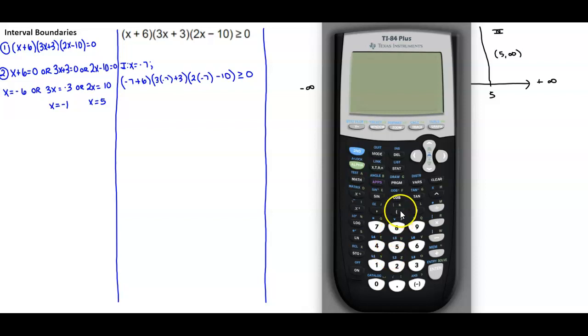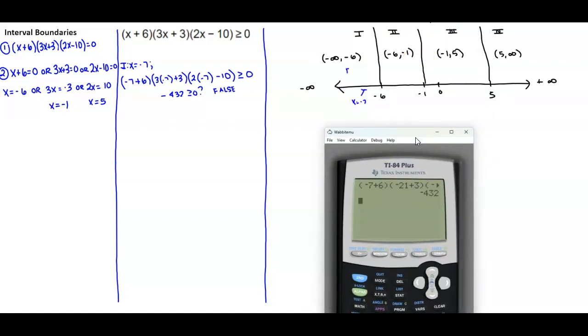So in this case here, we have (-7 + 6) times, well, 3 times negative 7 is negative 21 plus 3. And then we have 2 times negative 7, which is negative 14, minus 10. So let's see what we get with that. So we get negative 432. So is negative 432 greater than or equal to 0? Well, the answer is false. So let's go ahead and put false for region number 1.